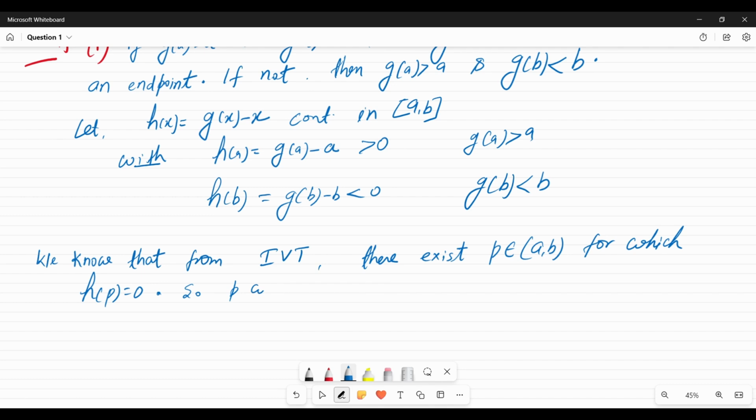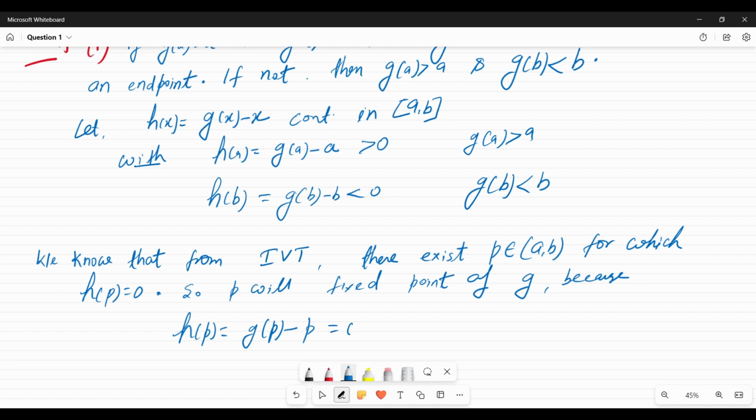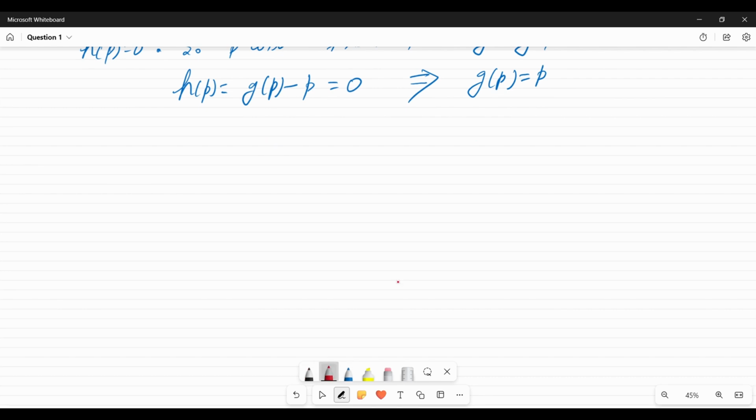So p will be a fixed point of g, because h(p) is g(p) minus p, which is equal to 0, which implies g(p) is equal to p. So we proved the existence theorem.